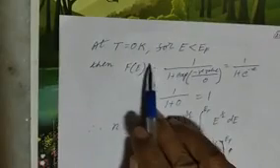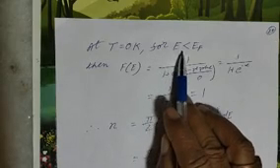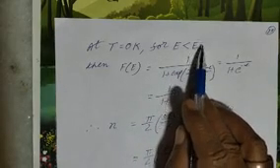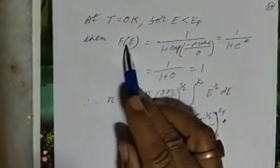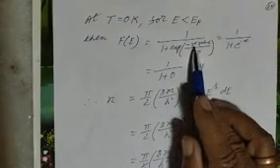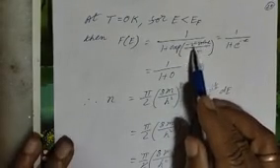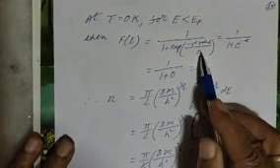At T equal to 0 Kelvin, for E less than EF, here the E value is less than EF. That means it is a negative value in the exponent. Therefore, F of E is equivalent to 1 by 1 plus exponential of a negative value divided by 0, since T is equal to 0.